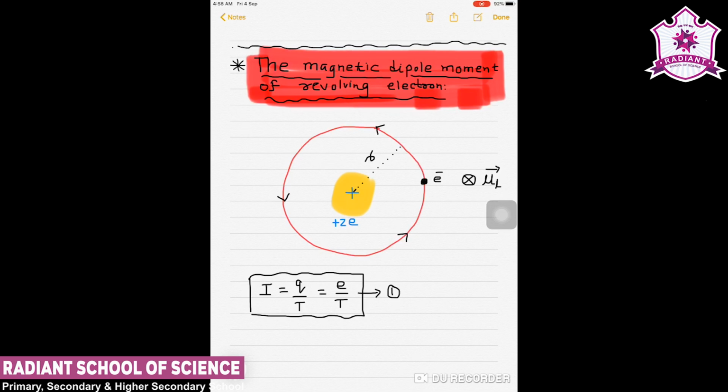Now another equation that we know is about the speed of the electron: velocity or speed is distance upon time.